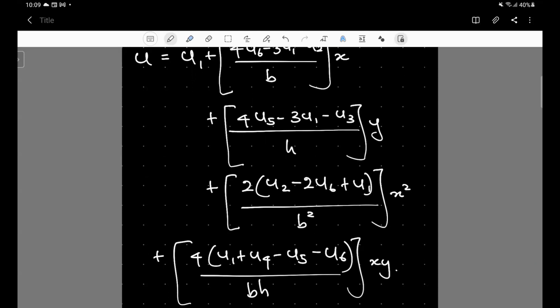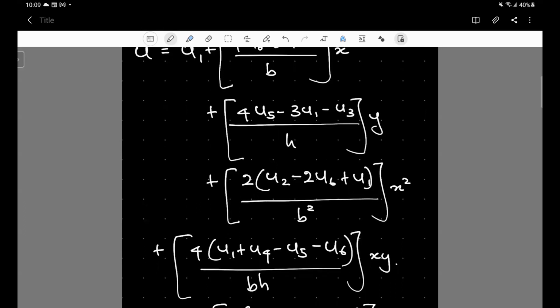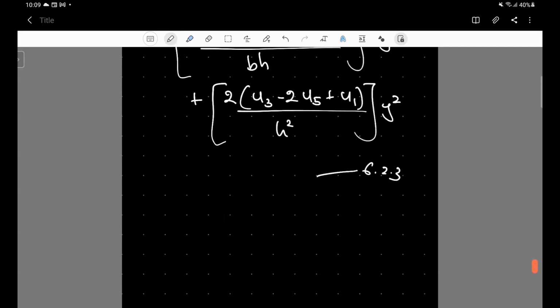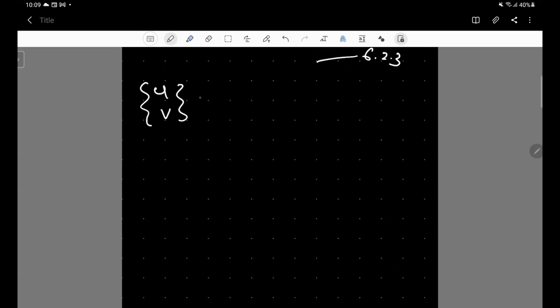What we do in the next step is we try to separate this, as we already did in the previous cases. Since we have a function for u and v, we would like to express this in terms of a shape function, because u and v correspond to nodal degrees of freedom. We already know that. So u6 and v6.